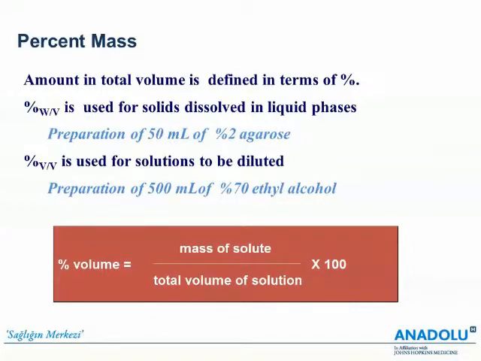So using this equation, let's exercise with two examples. One for percent weight per volume, preparation of 50 milliliters of 2% agarose, which we would be using in a gel electrophoresis, and preparation of 500 milliliters of 70% ethyl alcohol.